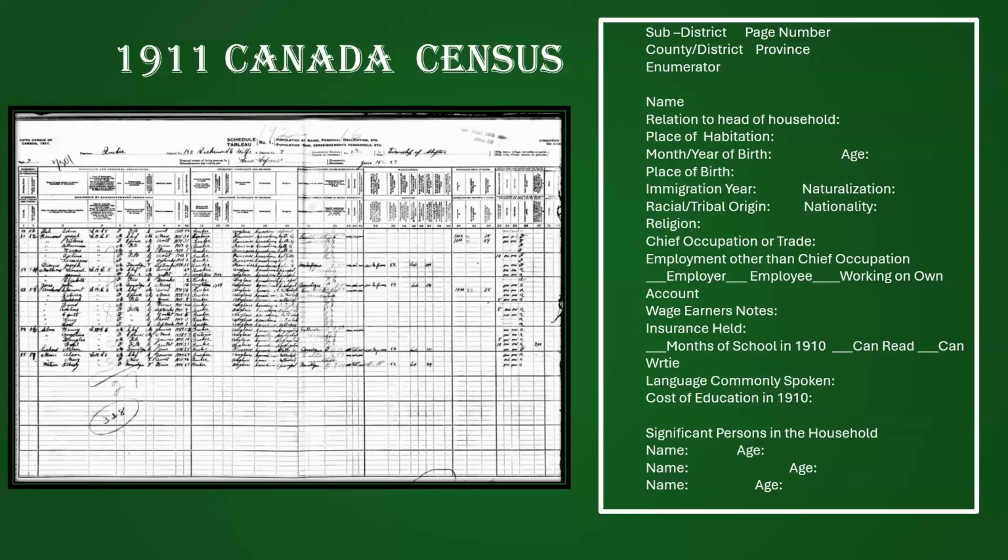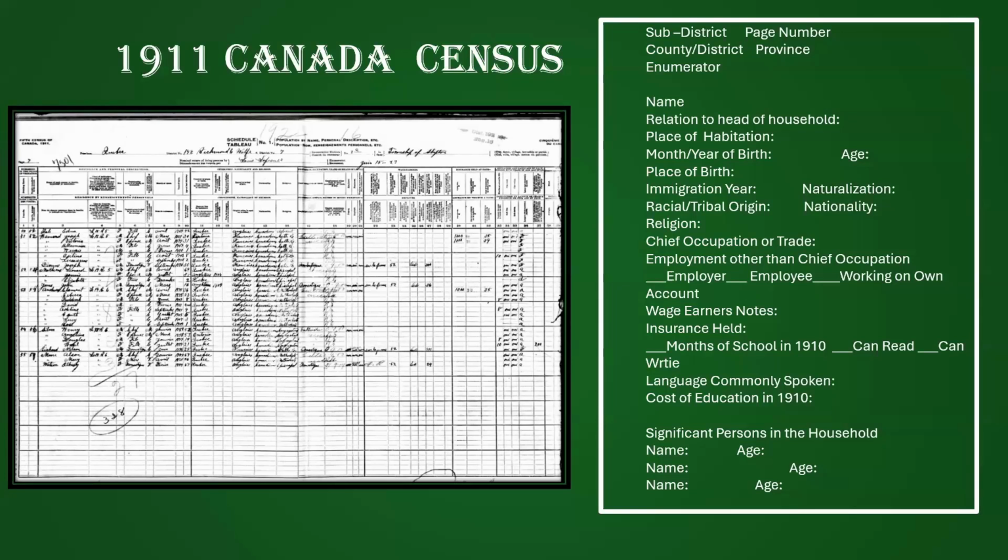Now, the 1911 Canadian census improved on the 1901 with a clearer, more concise format. It included, of course, all the full names and the exact birth dates. It continued that. A key addition was the listing of immigration and naturalization, useful for tracking newcomers. There was a lot, as you can imagine, of migration at that time, as in the United States.